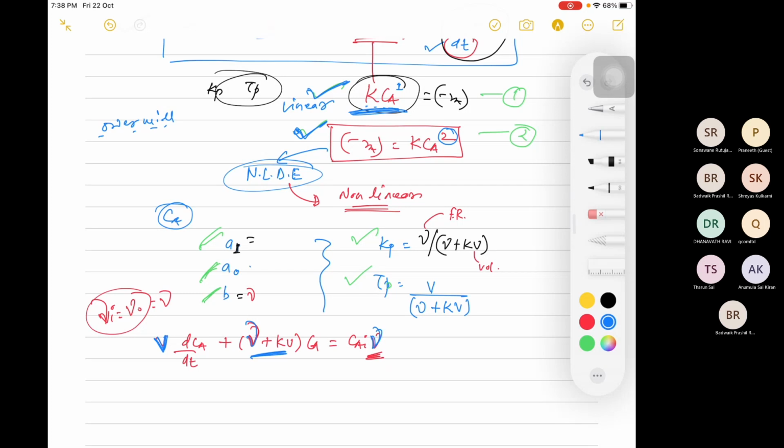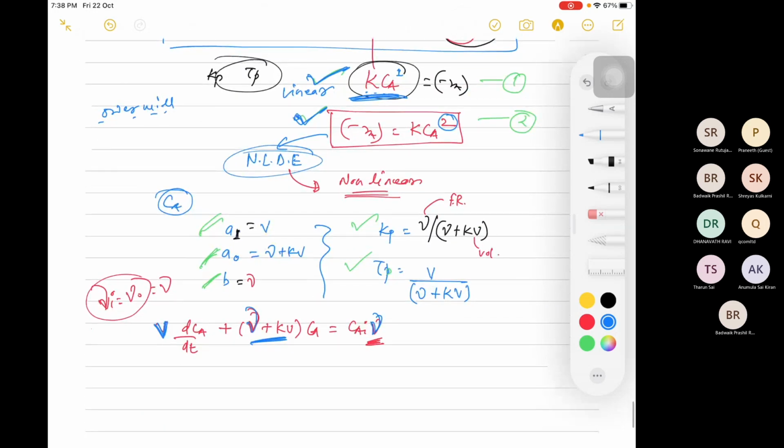Is everyone getting it? And this is B. Then I think this should be A1 and not replacement. This should be A1, A0. Getting this?